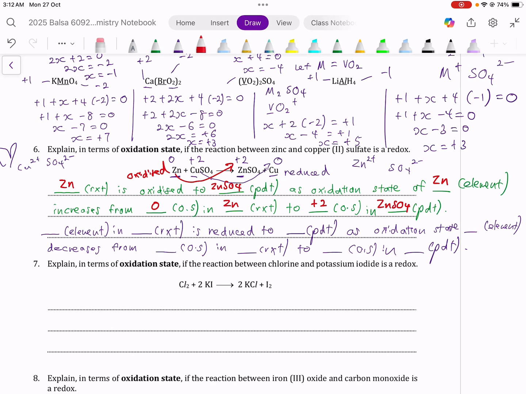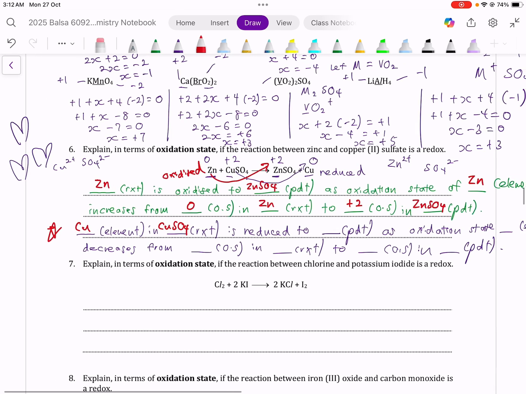Then the next one is your Cu in CuSO4, because CuSO4 has Cu, S, O, so I need to make reference to which element. Important, this one. Don't think it's not important and brush it off, must take note of this part. If it's a compound, must refer to the element.